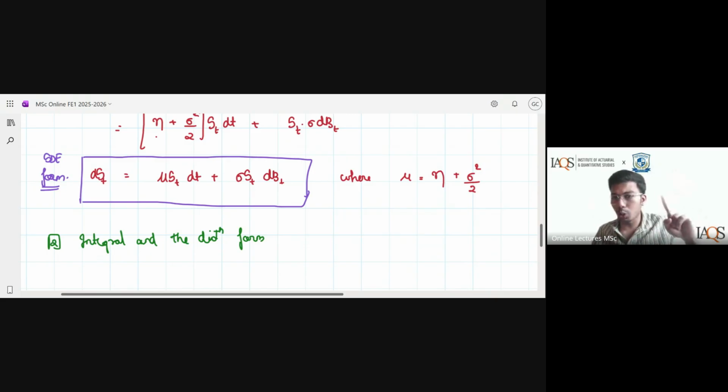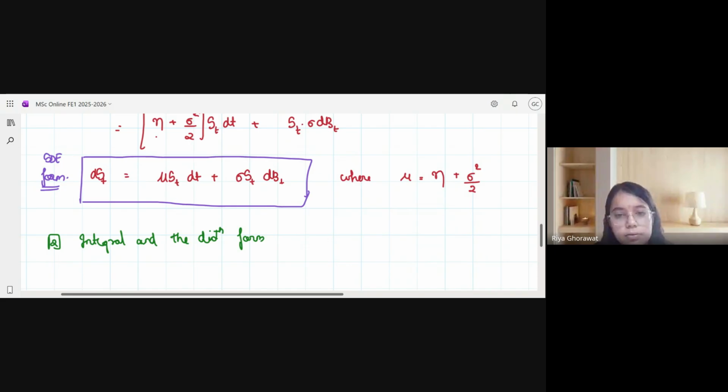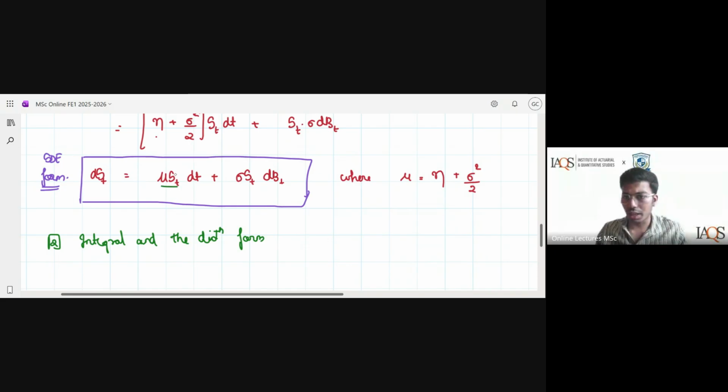That means I'll have to do Ito integral. In Ito integral, what I've seen, type 1 SDE, type 2 SDE, type 3 SDE. Can someone tell me what type of SDE this is? Type 3. Perfect, because drift as SDE, diffusion as SDE. So I don't know how to solve type 3 SDE.